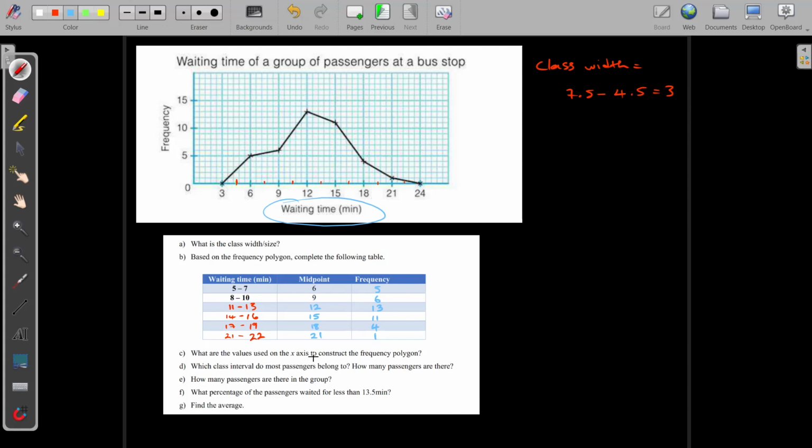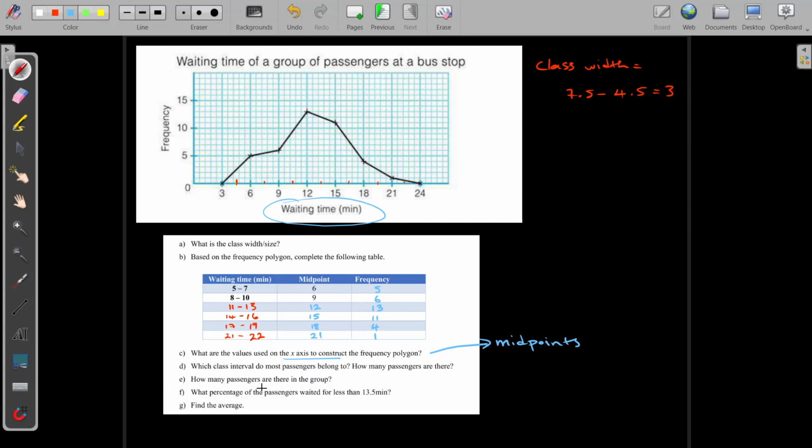Well, this is an ambiguous question because this could mean midpoints. We could answer this and say the midpoints are used on the x-axis. I think midpoint makes more sense because it says the values that are used to construct the frequency polygon, and you can use the midpoint to construct it. Yeah, the midpoints.